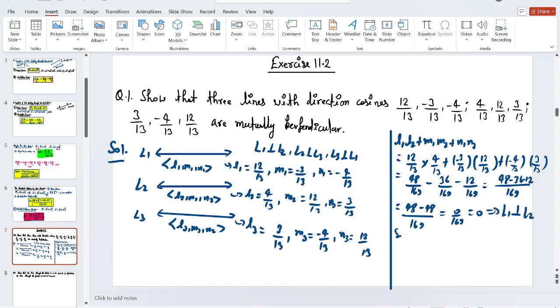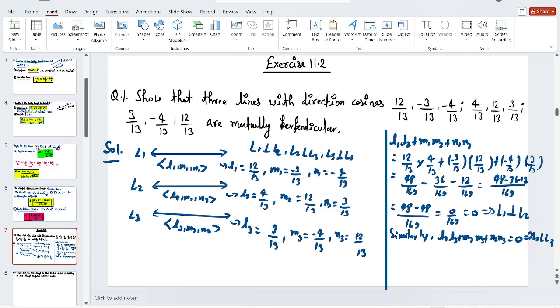Similarly we proved that, putting the value here, you get L2 L3 plus M2 M3 plus N2 N3 is equal to 0. It's implied that L2 is perpendicular to L3.